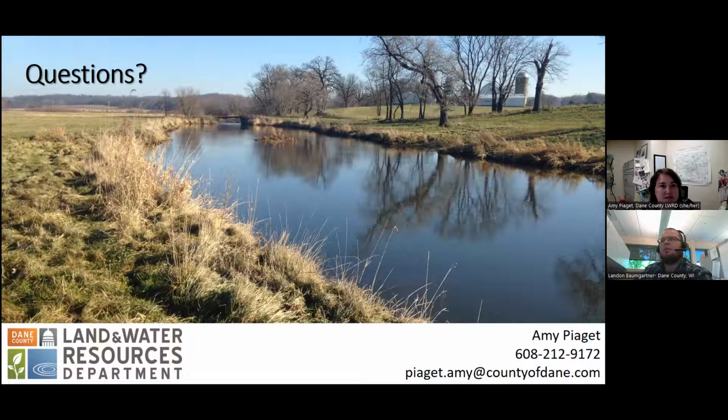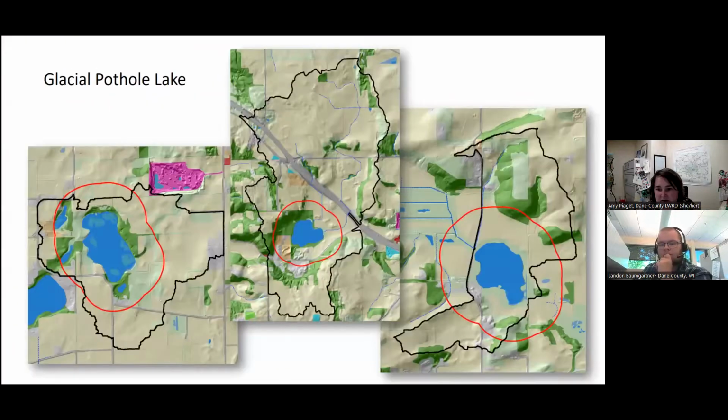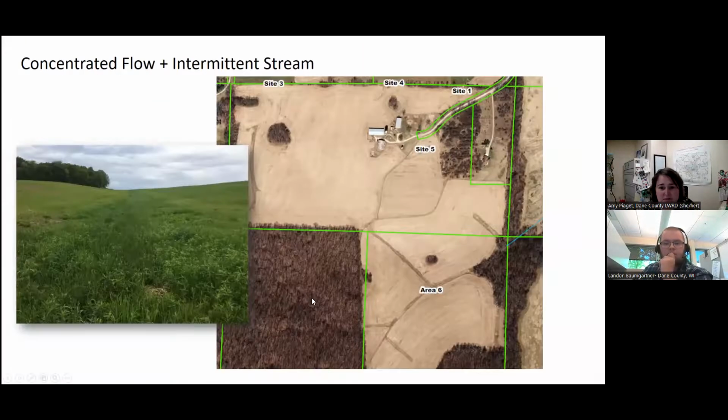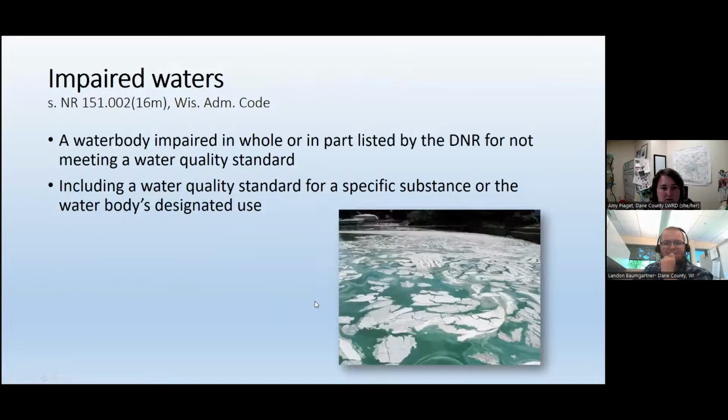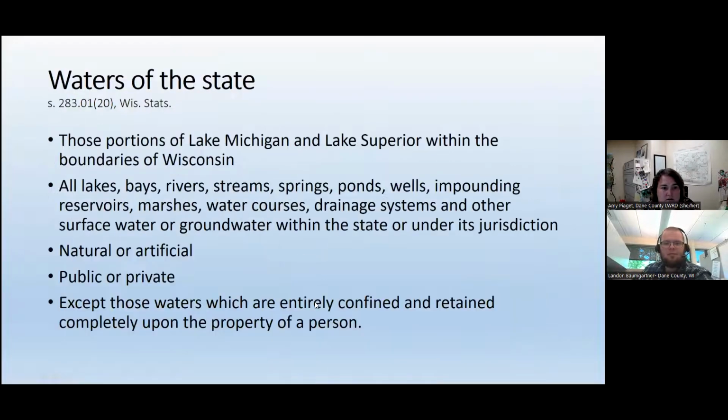Yeah, so just because a naturally occurring water body is solely on private property, if you go back to waters of the state, public or private is included as part of that definition.